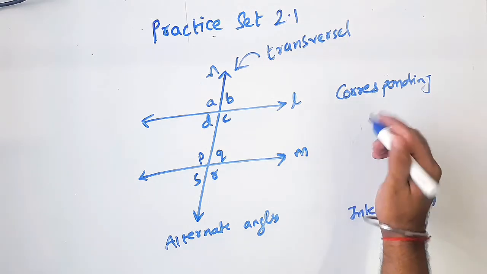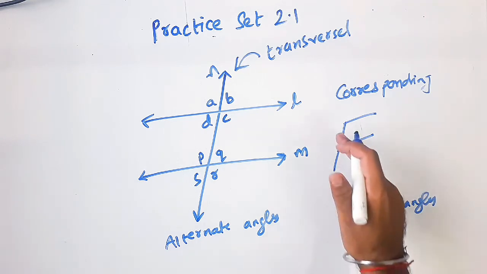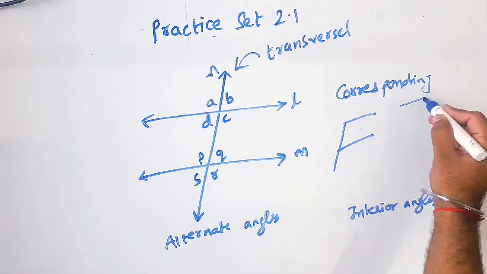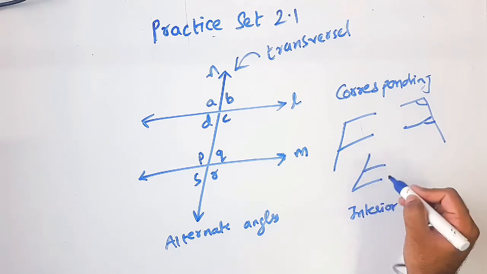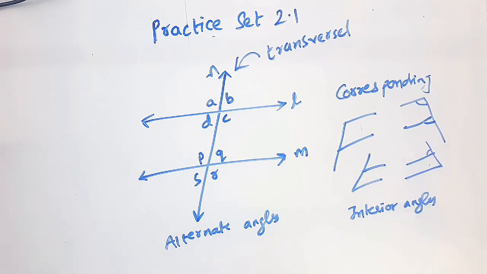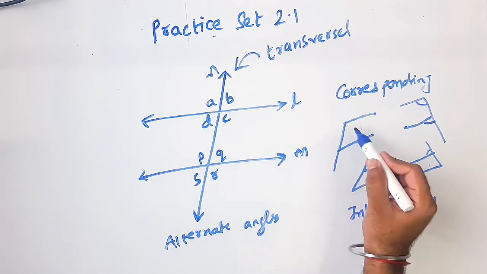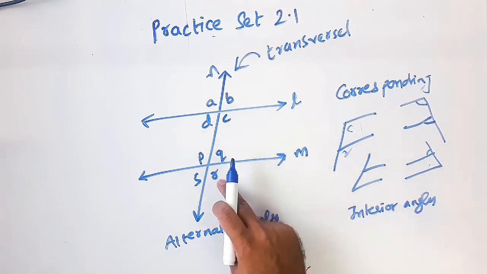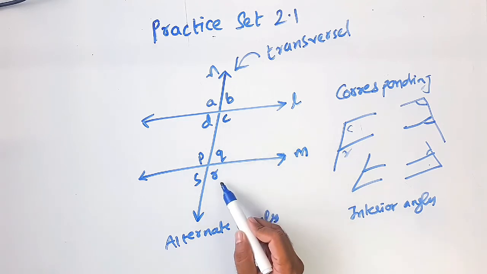Corresponding angles form an F-like shape. Either an F-like shape or the mirror image of F, or reverse F. So if you see here, C and R are here. So they are called corresponding angles. You should know how to make out which are corresponding angles. C and R are corresponding angles.